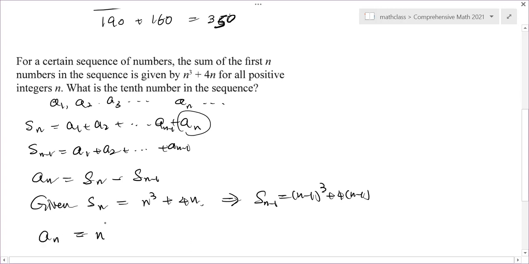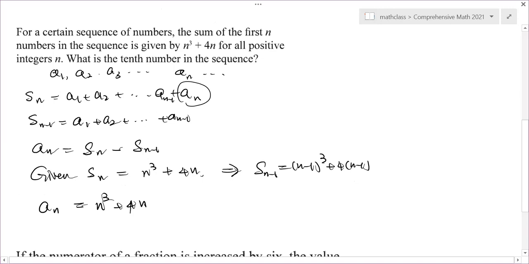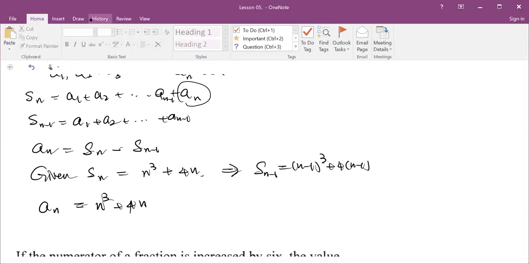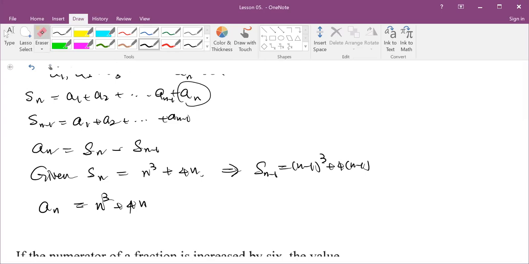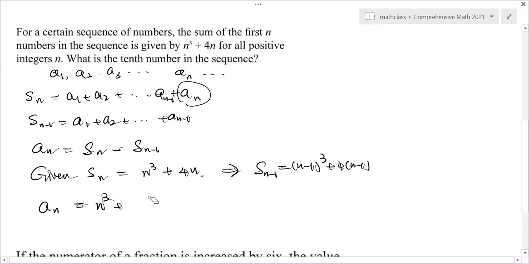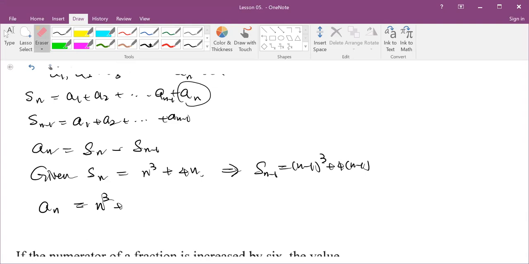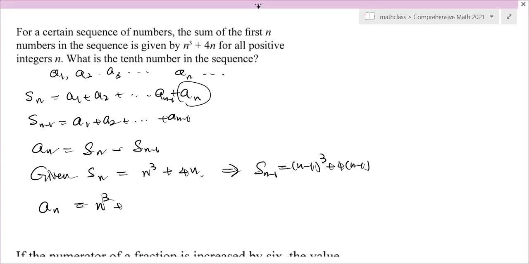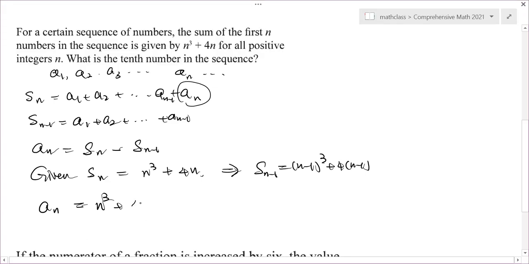The nth term is the difference of those two terms. I can get a general form, not just the 10th term: n cubed plus 4n minus n minus 1 cubed, and then minus 4 times n minus 1.